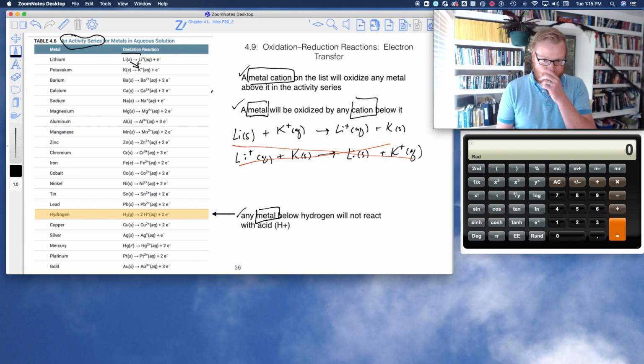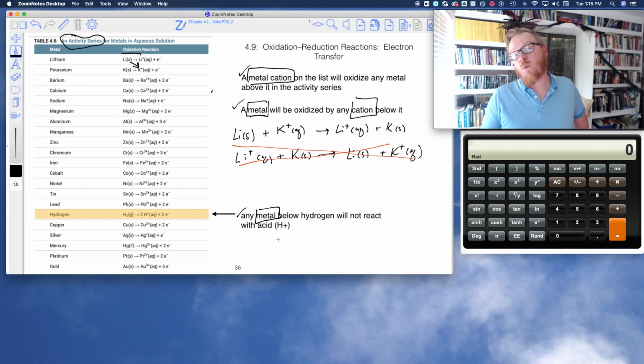But the reverse is true. So why is this important? For one, there's a whole bunch of other stuff that's not on this list, such as permanganate. And is iron on this list? There's iron, and you can see iron is actually above. However, when coupled with permanganate, that's why it needed the acid, because permanganate's not on this list.